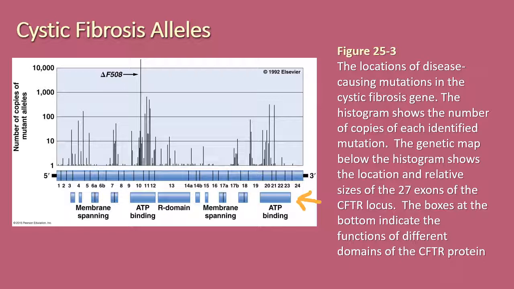Here's another membrane spanning region. So you've got all these different regions to the protein, and these are all the mutations present in these different regions. You can see here this mutation is the most prevalent. The y-axis is the number of copies, and you can see that the delta F508 is the most prevalent allele.